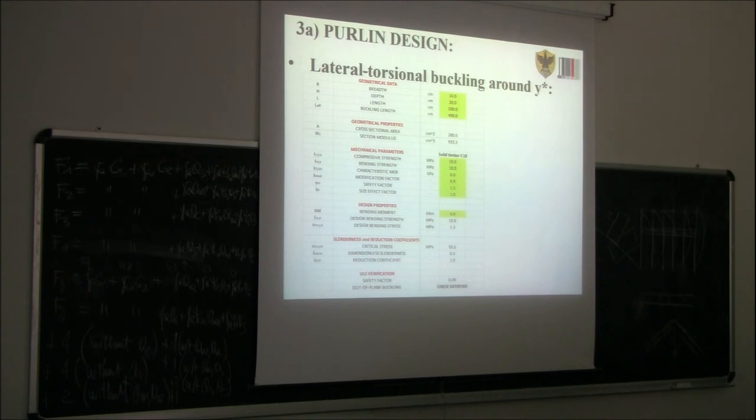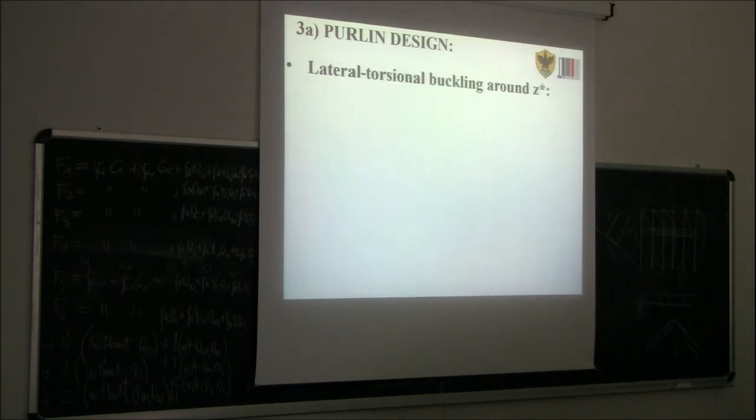A reduction coefficient of 1 means that lateral torsional buckling is not a problem, so we don't have to reduce our strength by any factor because of lateral torsional buckling. This is because the relative slenderness ratio is very low, and so K crit Y equals 1.